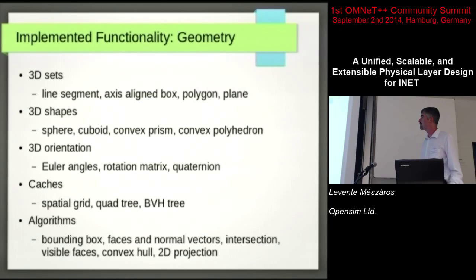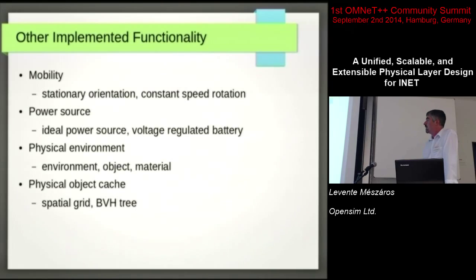And we have a couple of geometric classes, and this is mostly for orientation support and for the obstacle support in the physical environment model, and some algorithms that are needed. It's not so interesting. It's just so that it's reusable, if you want to use it for something else. And then, of course, we need some mobility that can be used for orientation.